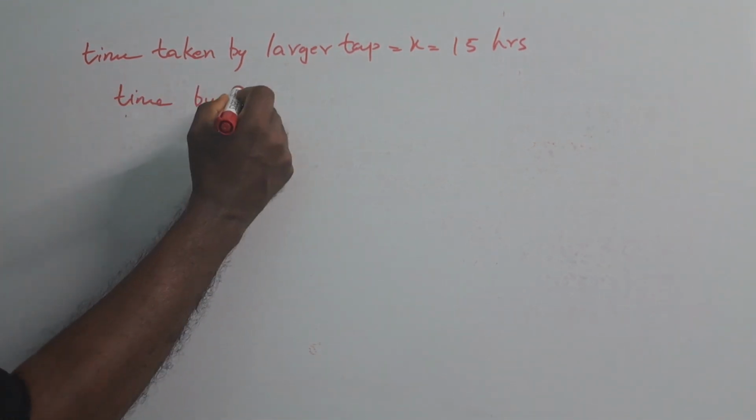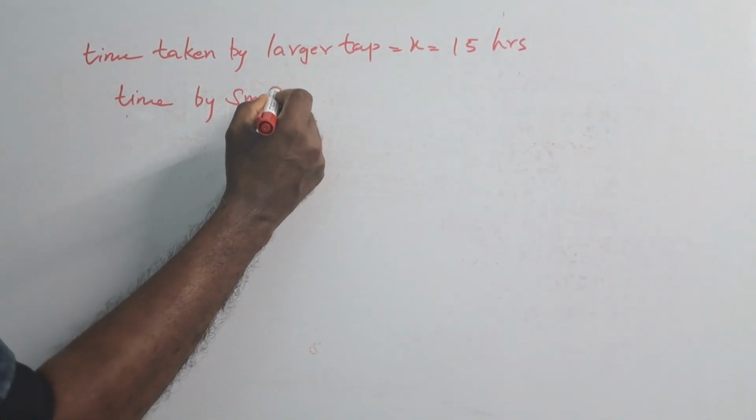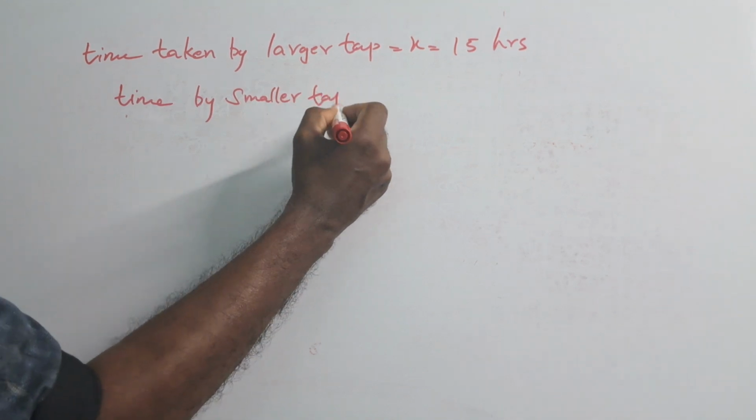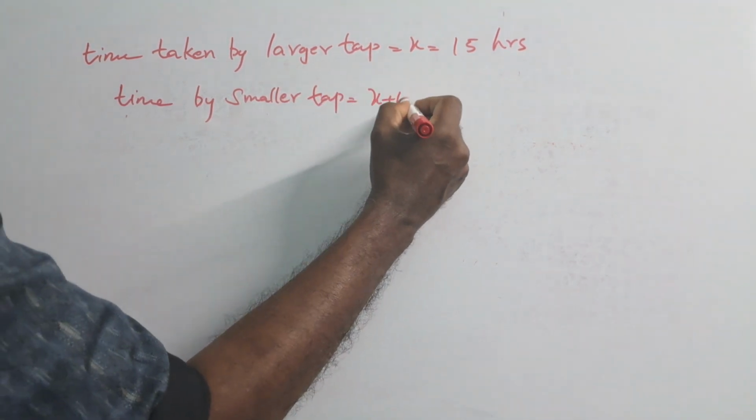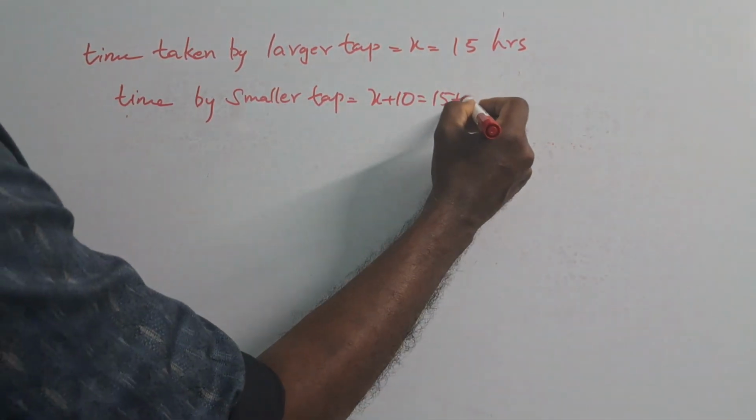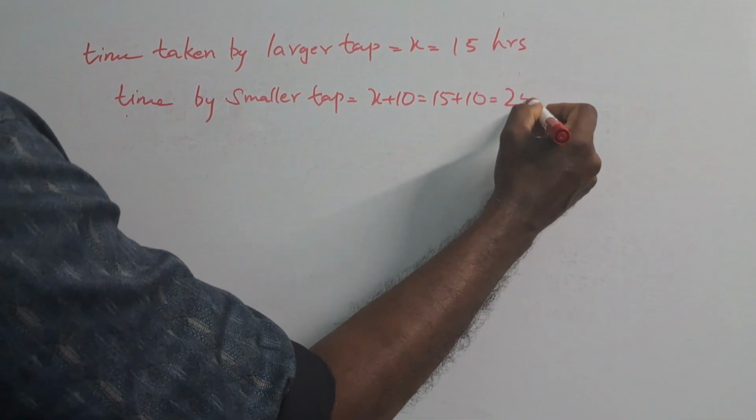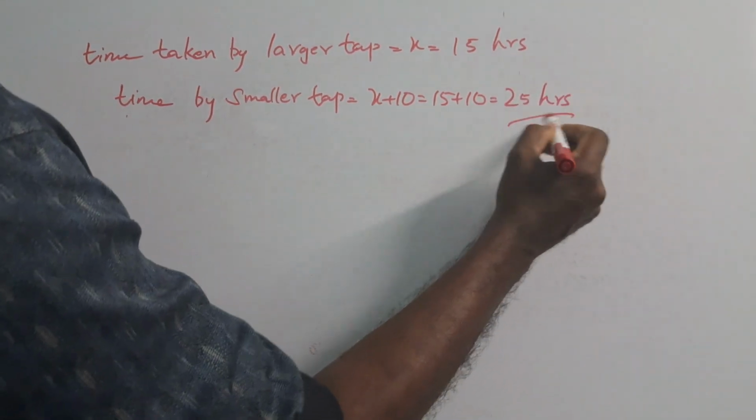Time by smaller tap equals x plus 10 equals 15 plus 10 equals 25 hours.